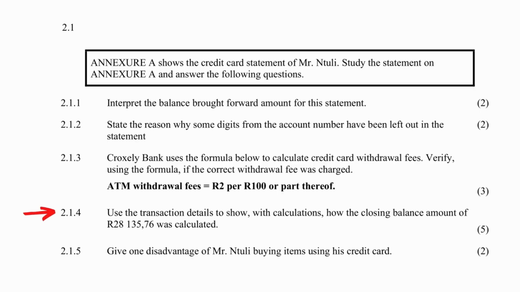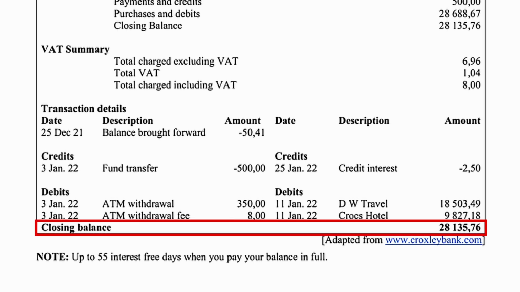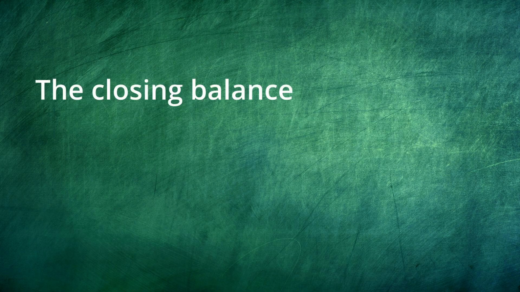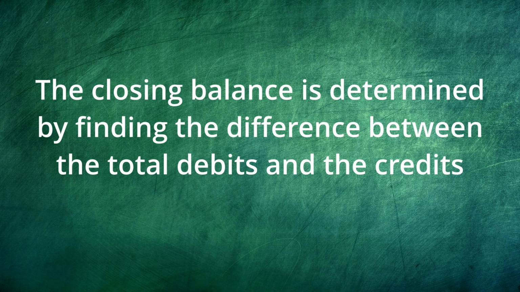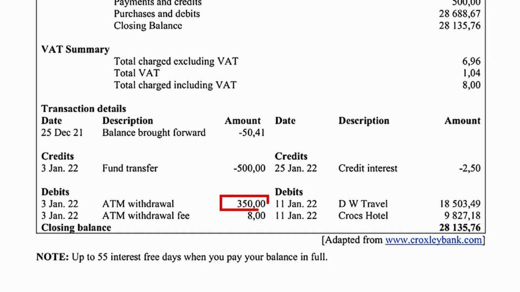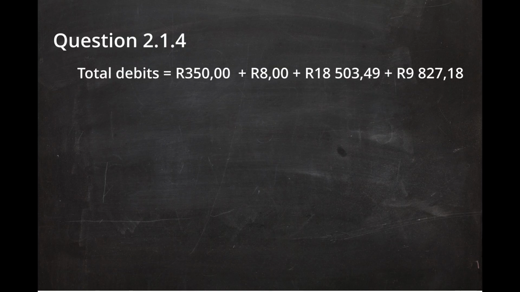Question 2.1.4 instructs you to use the transaction details to show with calculation how this closing balance amount of 28,135 Rand 76 cents was calculated. The closing balance is determined by finding the difference between the total debits and the credits. The total debits for the month is 350 Rand plus 8 Rand plus 18,503 Rand 49 cents plus 9,827 Rand 18 cents, and this equals 28,688 Rand 67 cents.